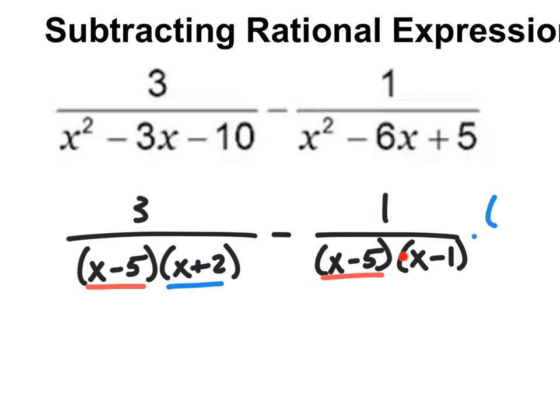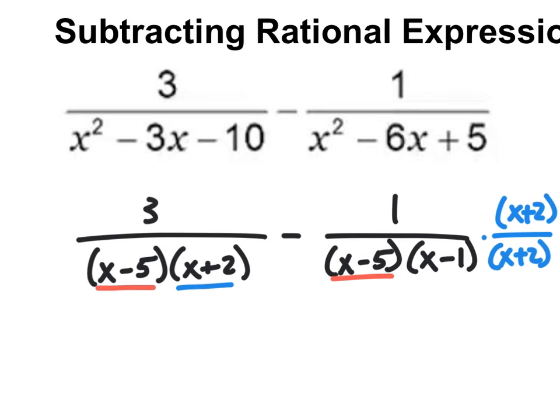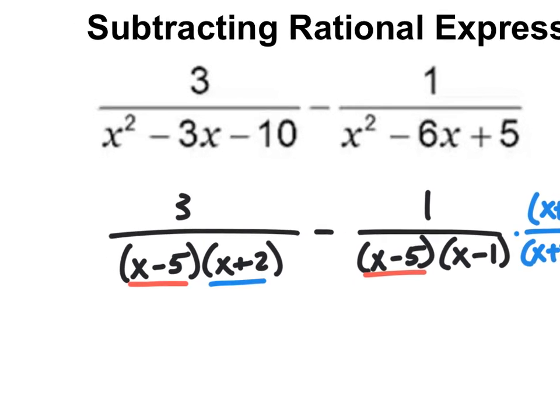So I'm going to multiply this term here by x plus 2, so x plus 2 over x plus 2. And then on the other side, I'm missing an x minus 1 factor on this side. So I'm going to multiply this one by x minus 1 over x minus 1. Okay? So now let's take a look at what we've got.